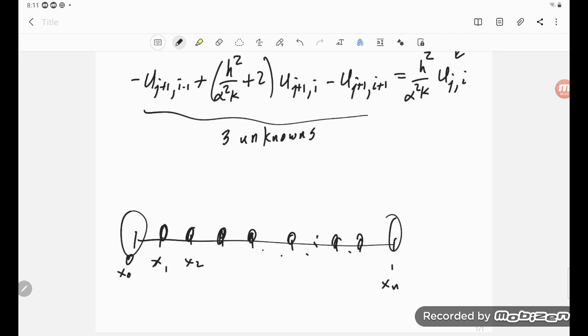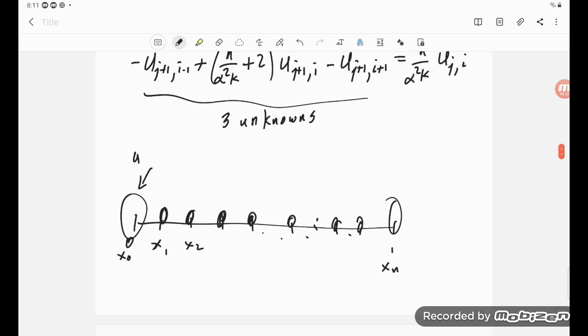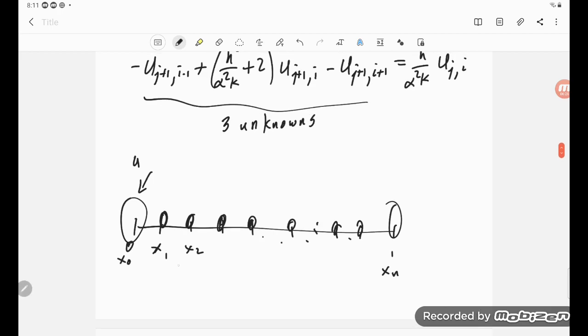I can set it up either using the boundaries as a system where I still need to know u here, but I actually know what it is, or I can set that up as a very explicit equation. That'd be fine. But depending on how you want to do it, I either have n plus 1 or n minus 1 unknowns.